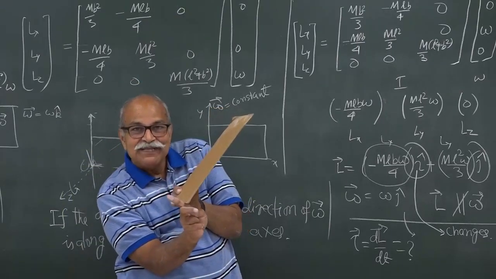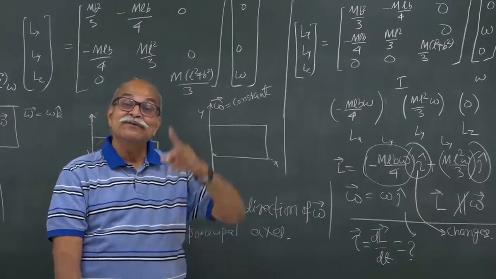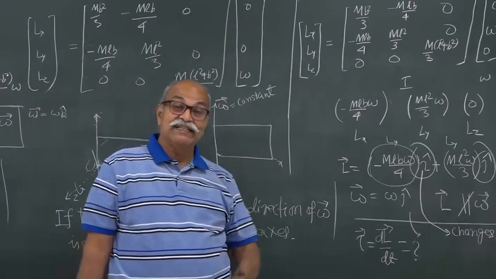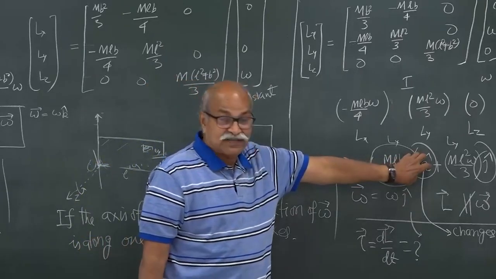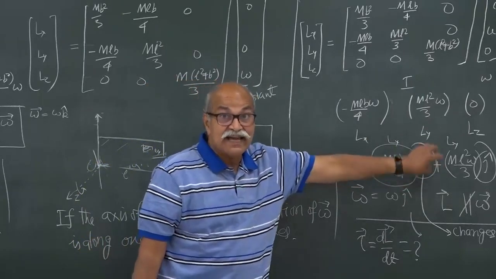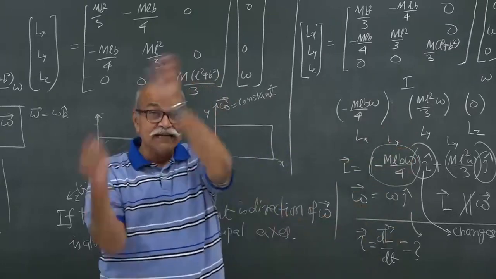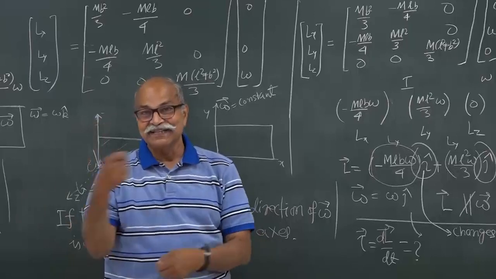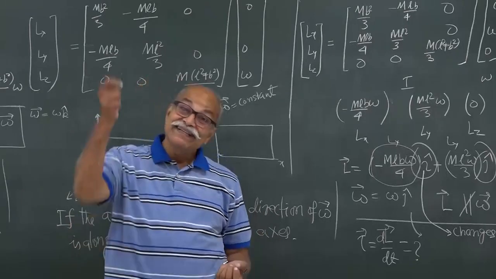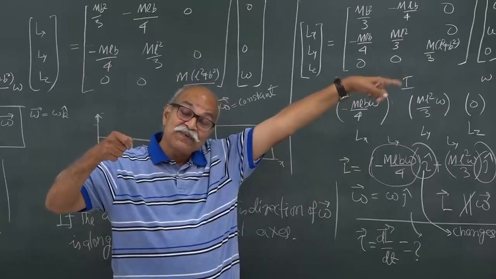So k cap is also changing. So we are using a rotating frame of reference, a non-inertial frame of reference. In this reference frame, with these x, y, z axes, yes, in this rotating frame L is constant, but if in the rotating frame L is constant, that does not mean that dL/dt equal to tau will be 0.